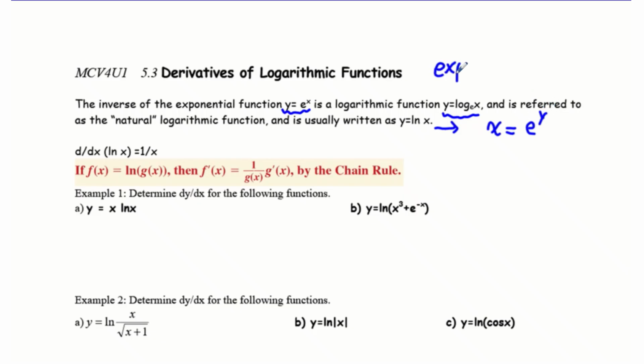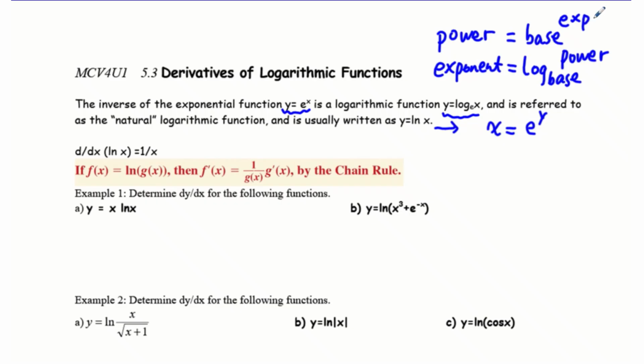In exponential form, power equals base to the exponent. So this is y. We write it in the form power equals base to the exponent.